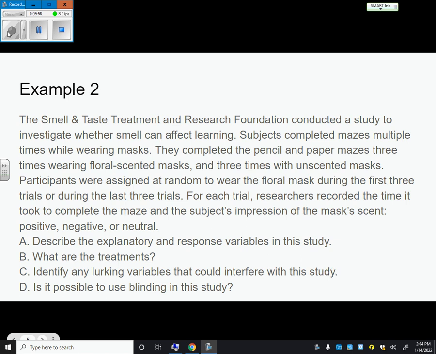Explanatory variable. Adam, what you got? I put oral masks versus... Yeah, type of mask that someone's wearing. Good. All right, Hannah, response variable. Say it again. Okay. How are we measuring it?